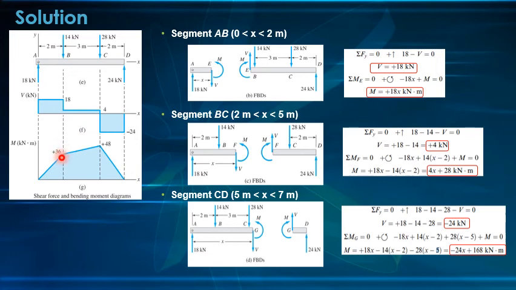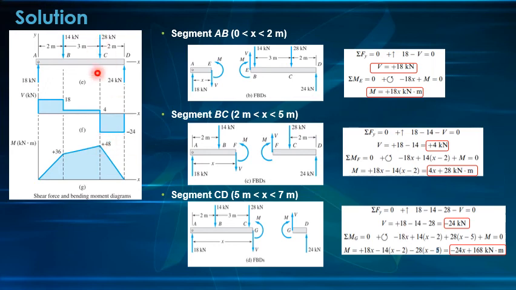Okay? And then, from 2 to 5, okay? If we substitute, dito naman tayo, okay? If we substitute 2 in this x, we will arrive at a value of positive 36. And if we substitute 5 here, we will arrive at a positive 48 here. Okay?